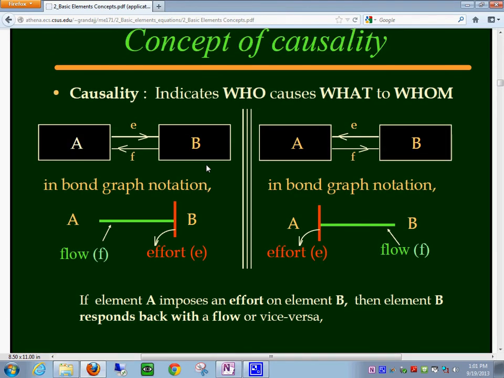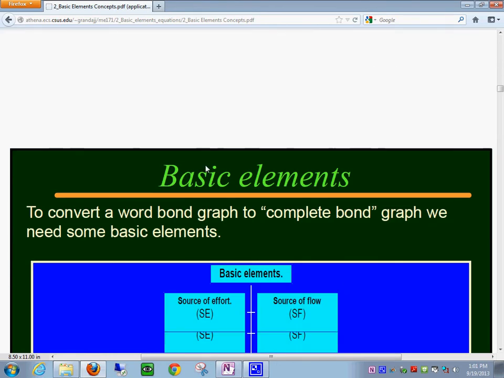Perhaps one thing that I want to emphasize is this idea of the action-reaction, and establishing the horizontal line and the vertical line together is what is called causality assignment, meaning who causes what to whom. Okay? And if you can answer that you can write down the description for the system.